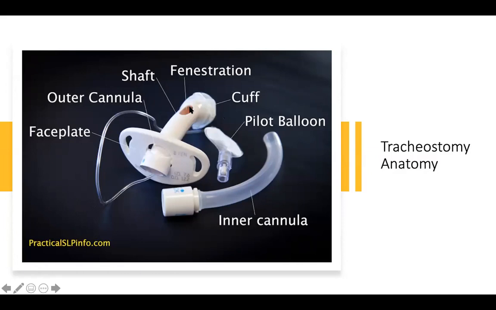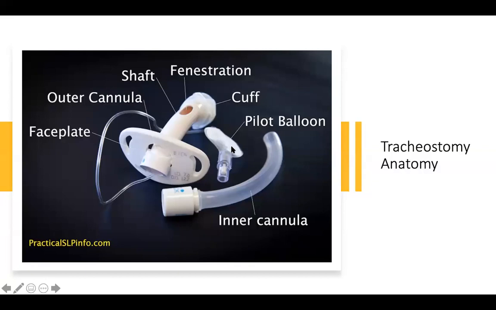This is a cuff, which is a sac attached to the shaft, and it will be inside the patient's trachea, and it's hooked to a pilot balloon, and this balloon rests on the outside of the patient's body. What this balloon does is help inflate the cuff, whether using oxygen or water.